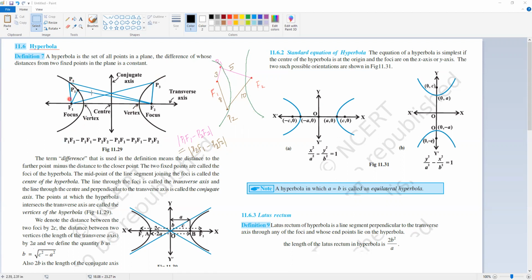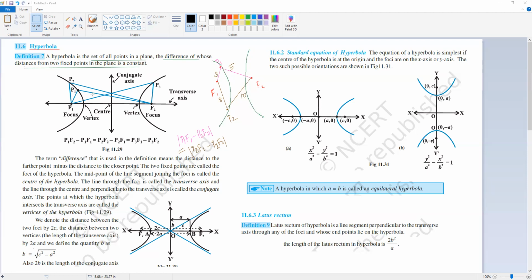This is known as a hyperbola. So a hyperbola is the set of all points in a plane such that the difference of whose distances from two fixed points is always a constant.